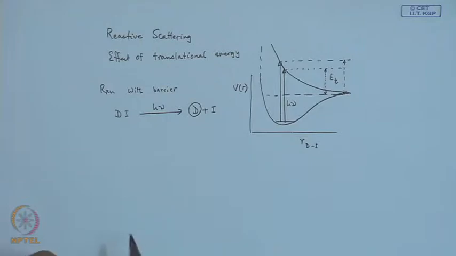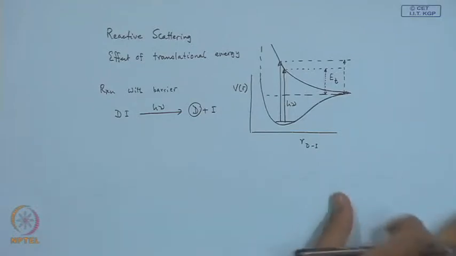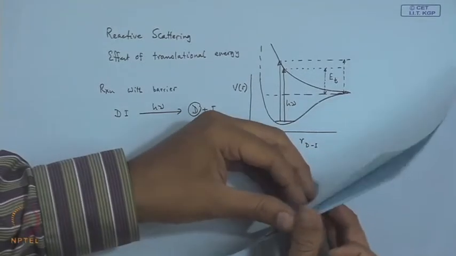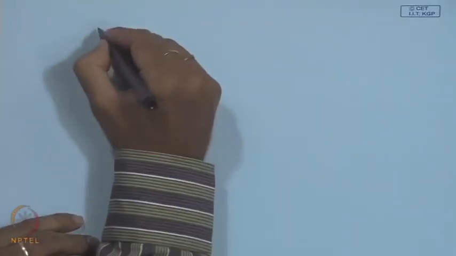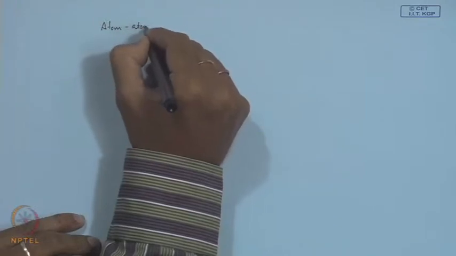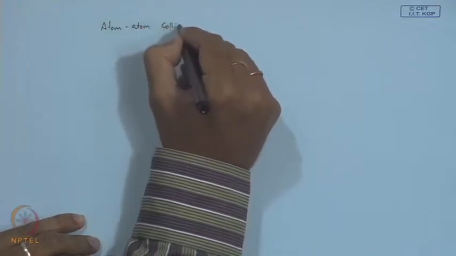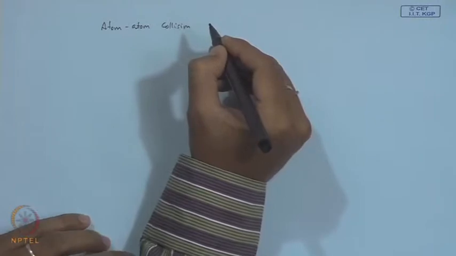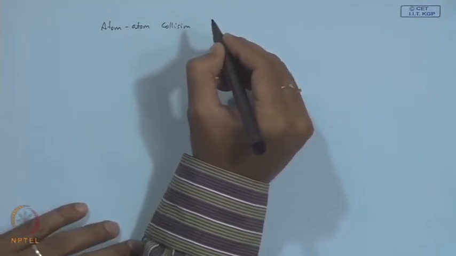In that case, reaction is only possible at low B. Now, consider an atom-atom collision reaction. In that case there is no structure, basically the hard sphere model.